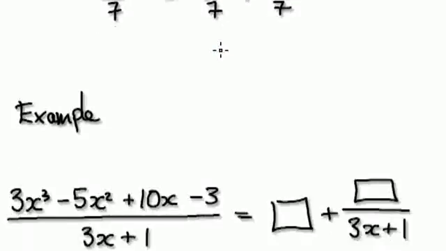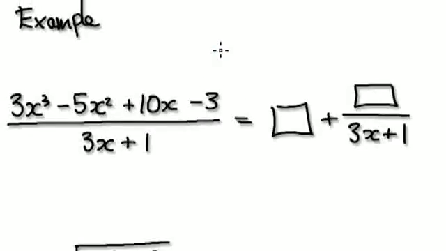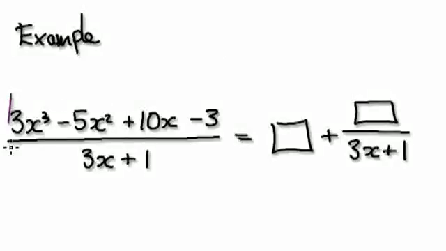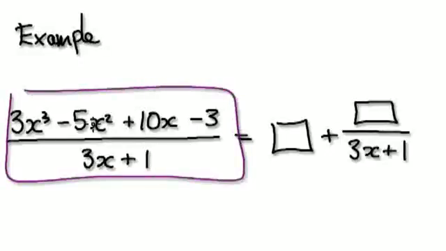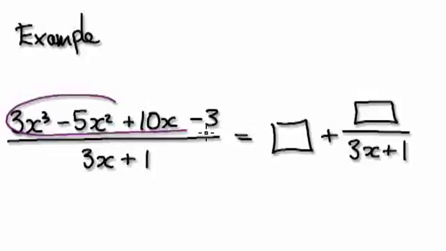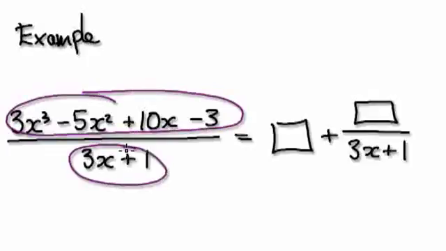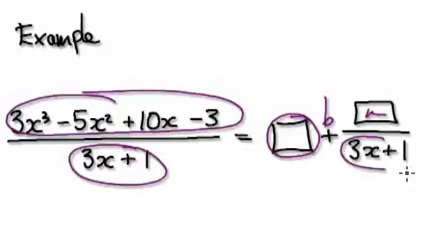So that's our aim. So for example, if you look at this here, we are going to attempt to get this divided by this. So we're going to get some whole thing here, plus some sort of remainder over the original denominator.